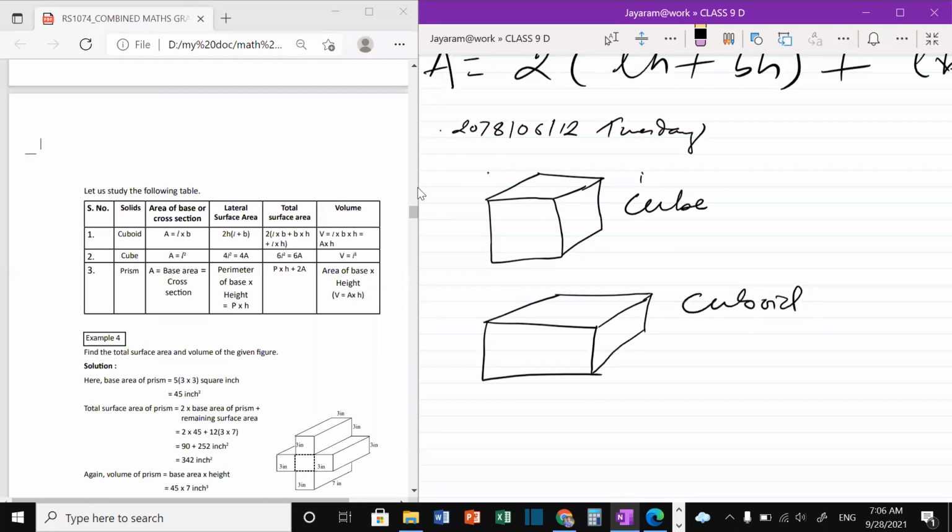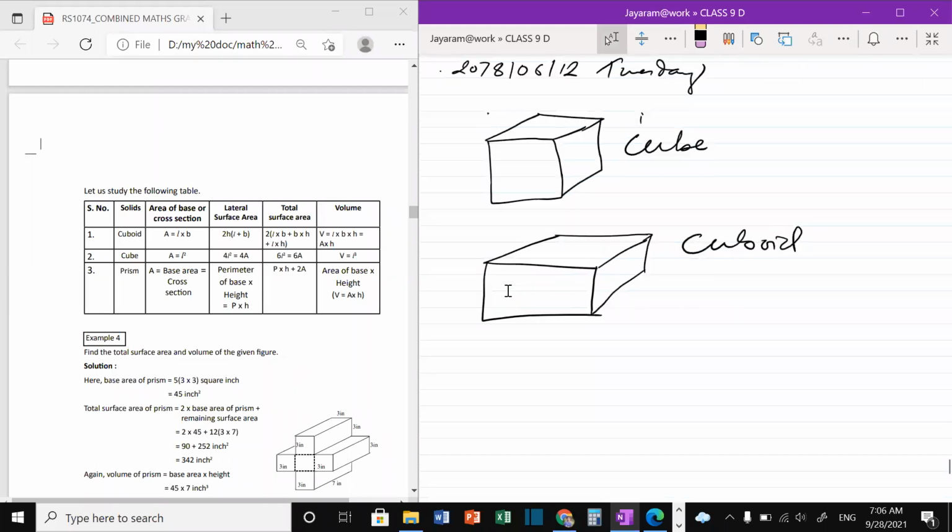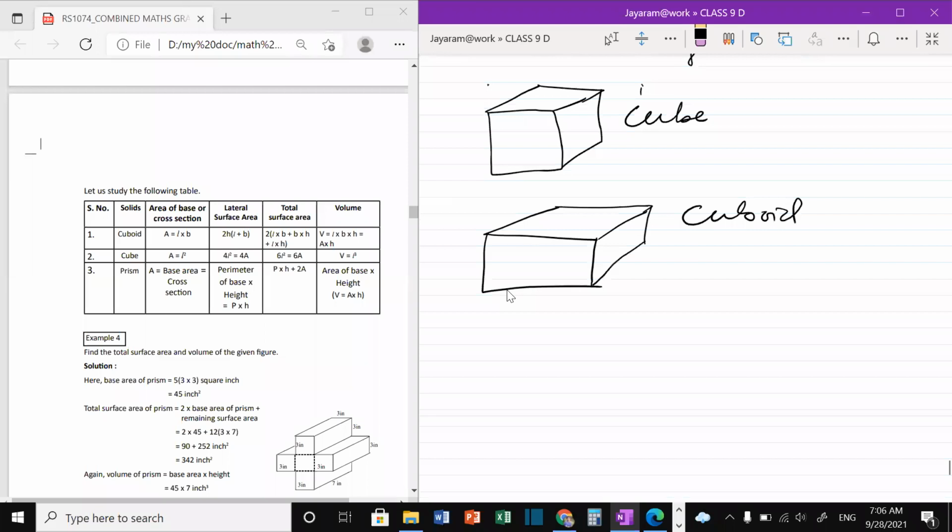And next will be prism. Prism will be like this also, whatever prism you want to make. Okay, L-shaped prism. If it is L-shaped prism, you can just make it like this.